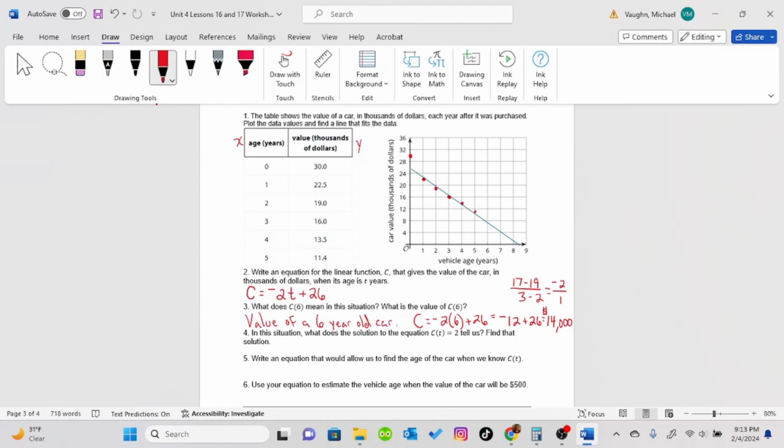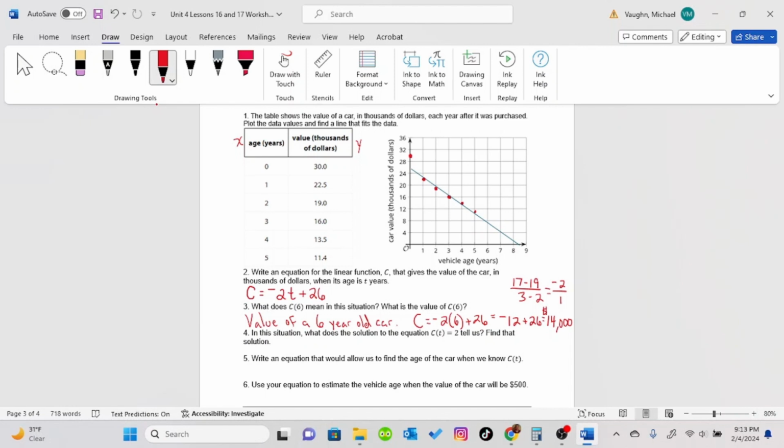Number 4. In this situation, what does the solution to the equation c of t equals 2 tell us? Well, the function c gives us the value of the car in thousands of dollars.